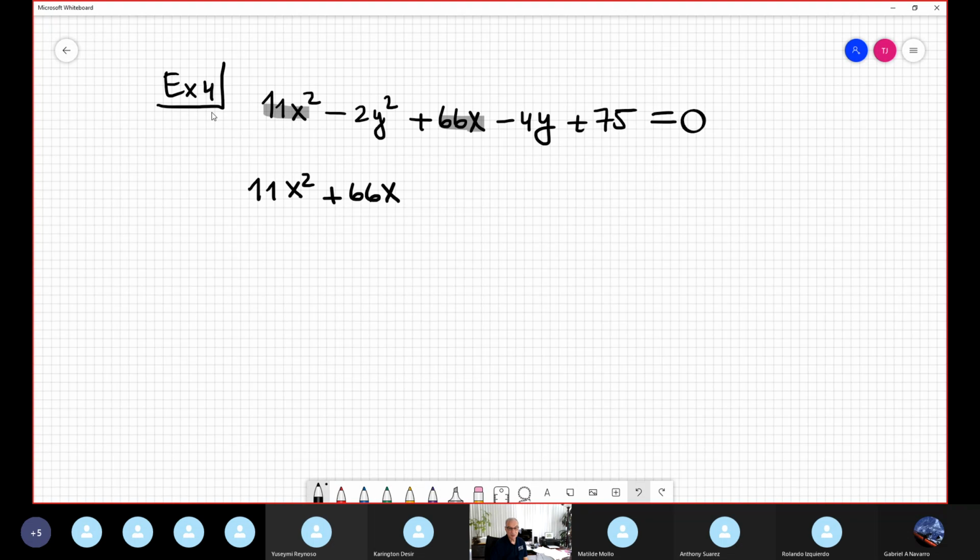So I write it like that: 11 parentheses x² plus 6x, because 6 times 11 is 66, plus box. It's the number that we need to complete the square. After we determine that, you don't worry about this.